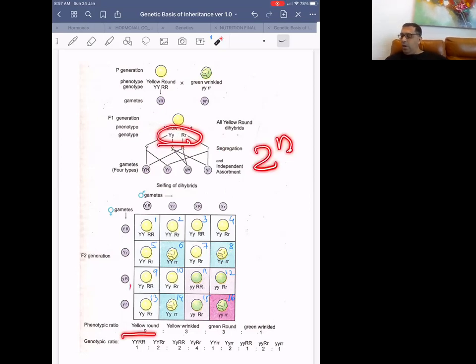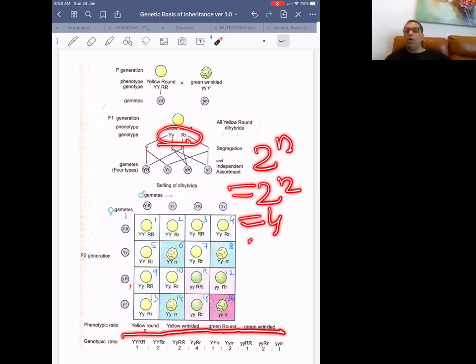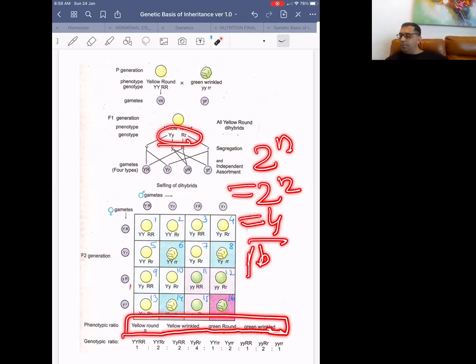You got yellow round, yellow wrinkled, green round, and green wrinkled. So 2 raised to 2 became 4 types of phenotypes.